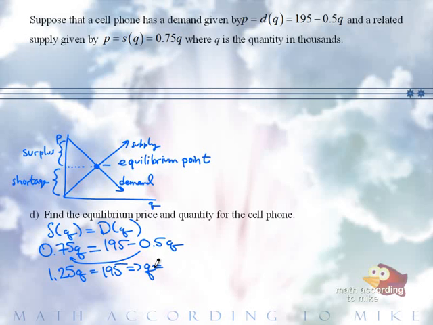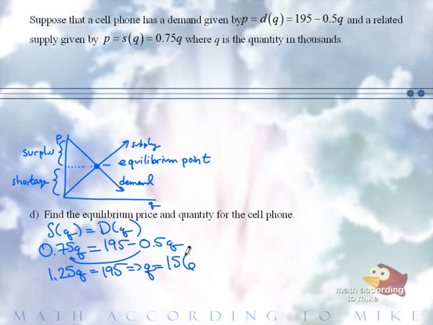Yeah. Well, this is the equilibrium quantity, because that's Q. So how do we find the equilibrium price? You can pick either of them, because that's the whole purpose, we found them to be the same.